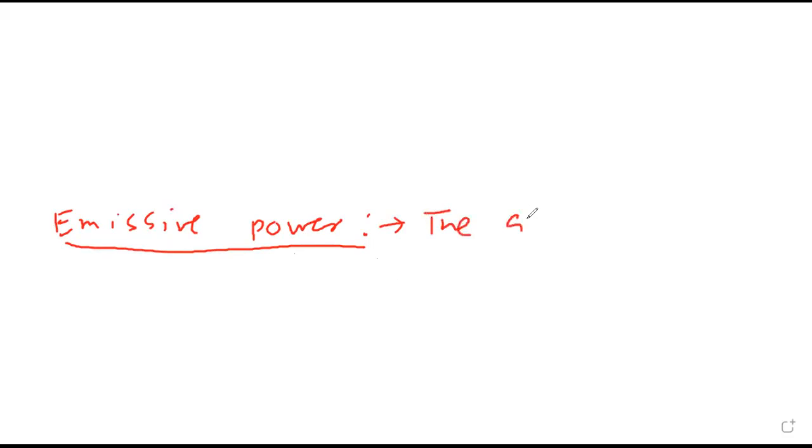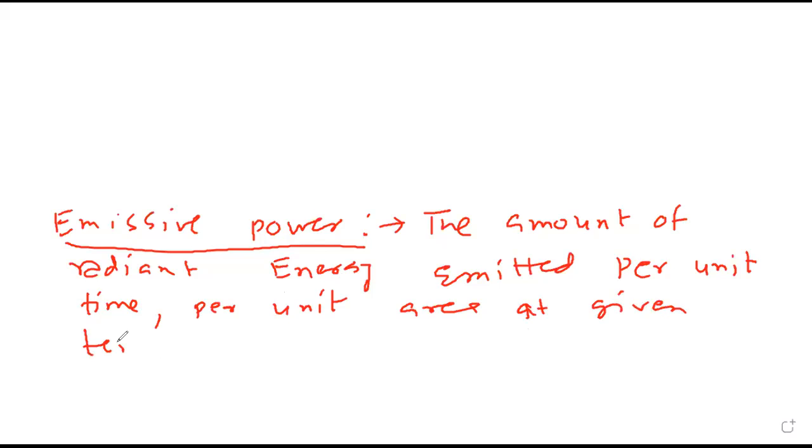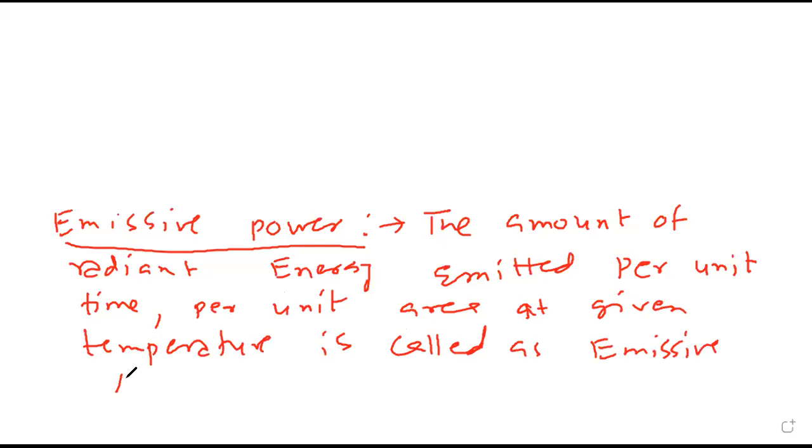So the amount of radiant energy emitted per unit time, per unit area at a given temperature is called emissive power.